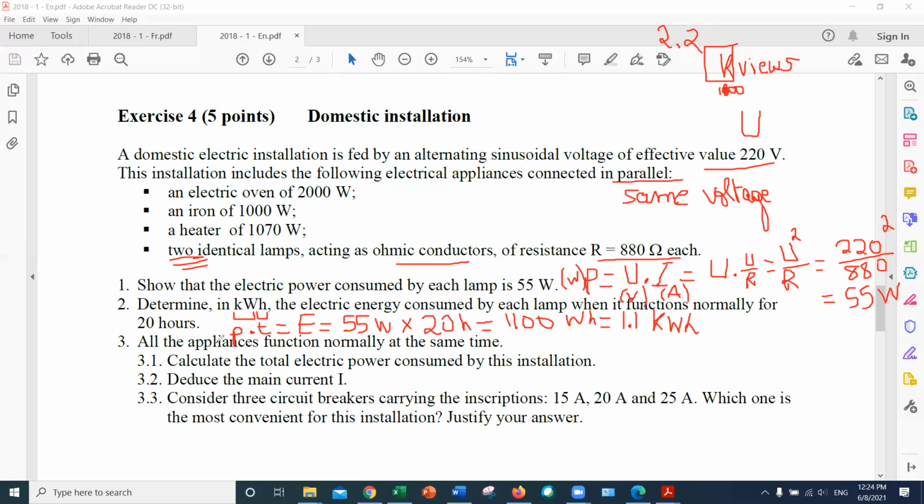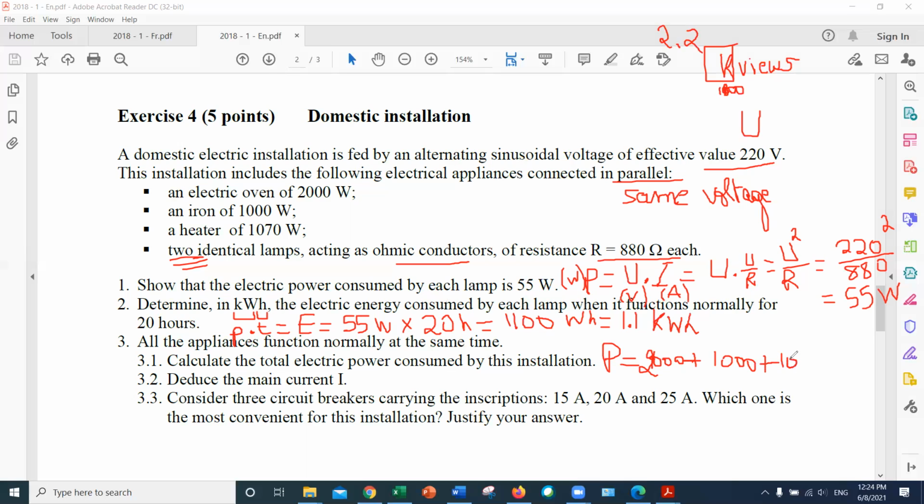Number 3, all the appliances function normally at the same time. Number 1, calculate the total electrical power consumed by this installation. You just add all the powers. 2000 plus 1000 is 3000, plus 1070 watt.